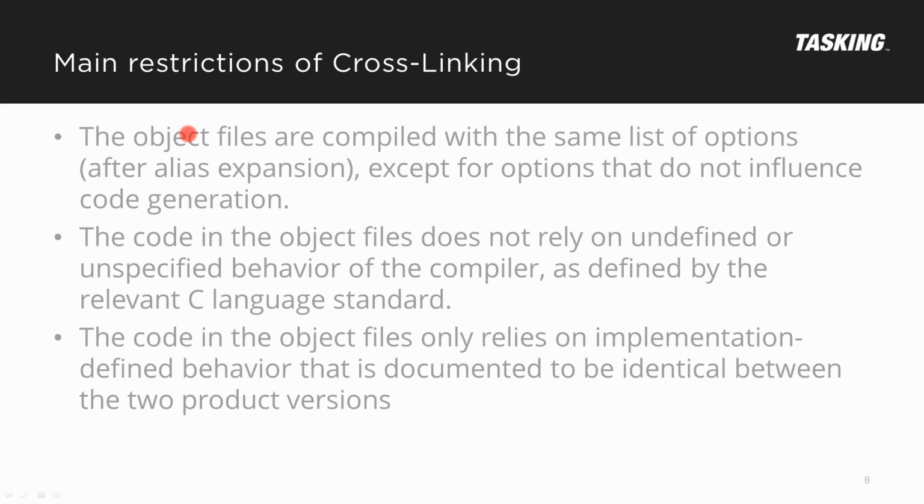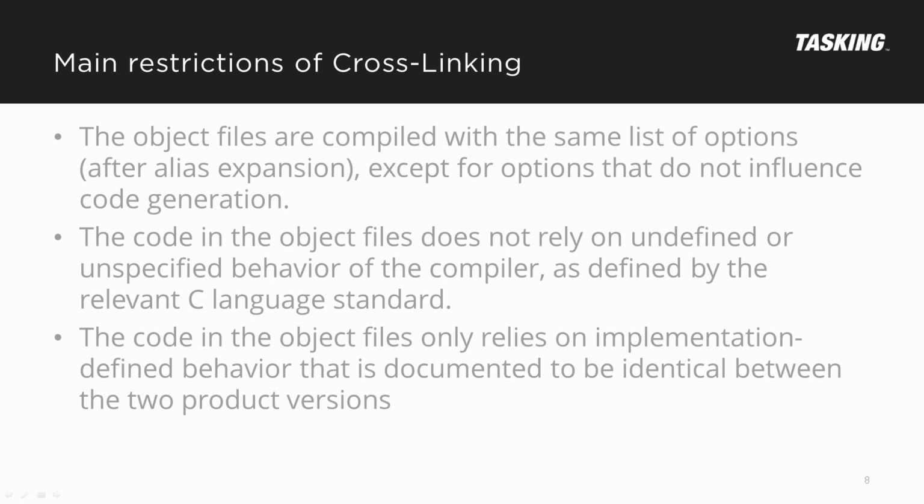So the statement is more or less this one. They're compiled with the same list of options, except for options that do not influence code generation. So optimizations are more or less affecting code generation, so you have to use the same optimization setting, because code optimization always influences code generation.